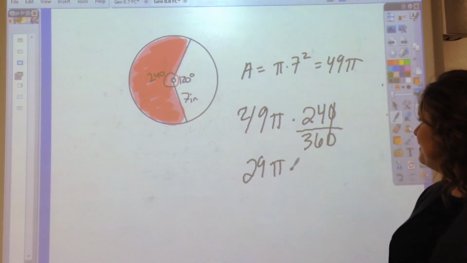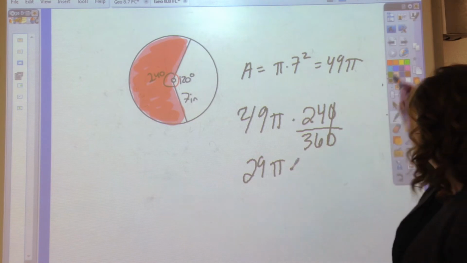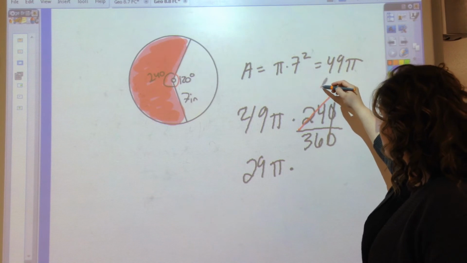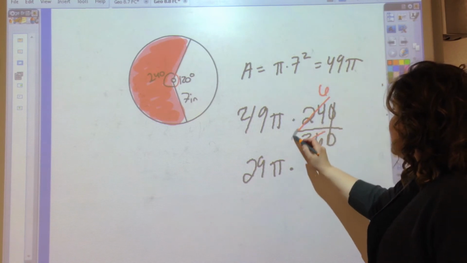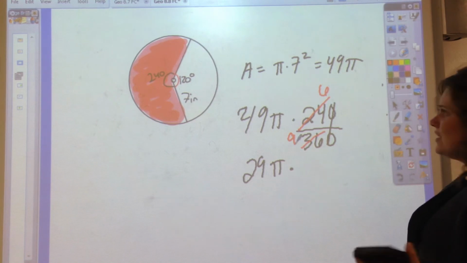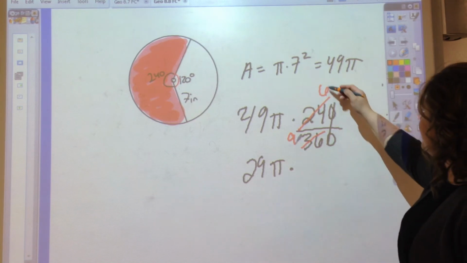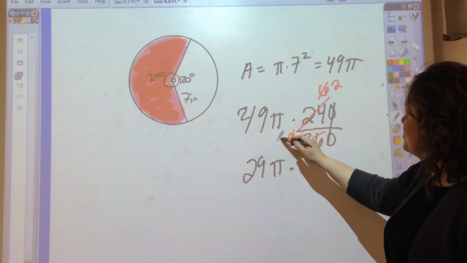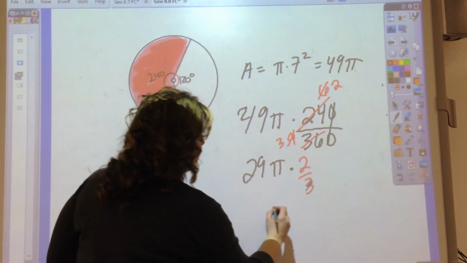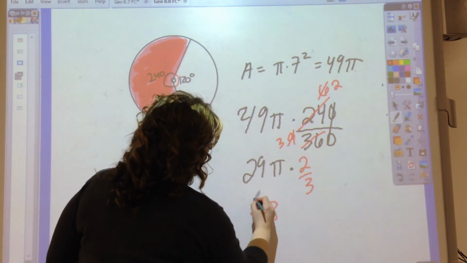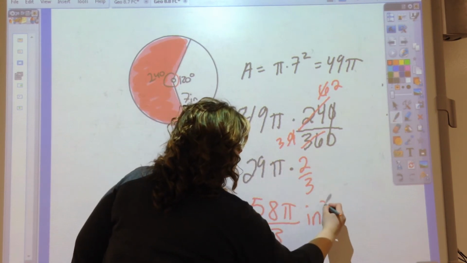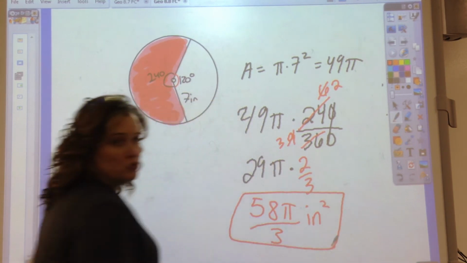Nope, hang on. 4. 4 goes into both 24 and 36. 4 goes in here 6 times. 4 goes in here 9 times. And, ooh, I could divide out also by a 3. I guess 12 had gone into both, right? If I divide out by 3, I get 2 and 3. So if I multiply this by 2/3, 2 times 29 is 58. And inches squared, this would be my exact solution.